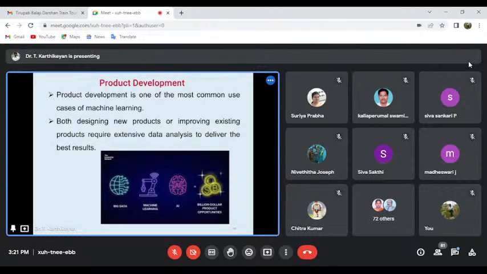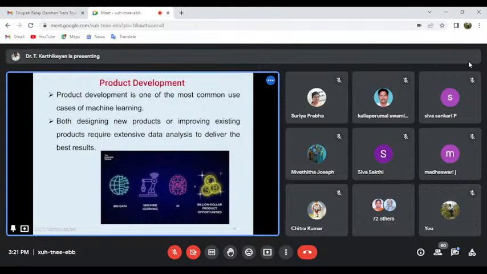We can apply it to understand what is the actual customer demand. What are the uncovered flaws which are not already noticed by humans? These types of flaws can be identified by using these machine learning algorithms, and identify new business opportunities.